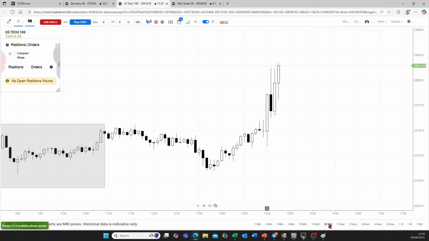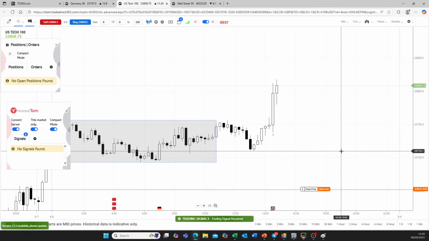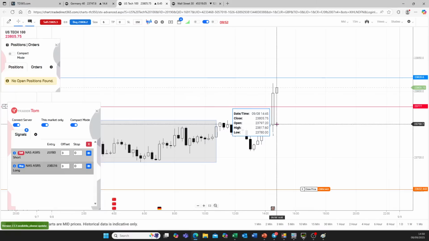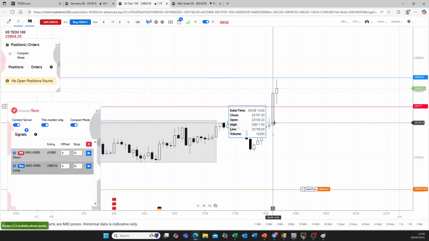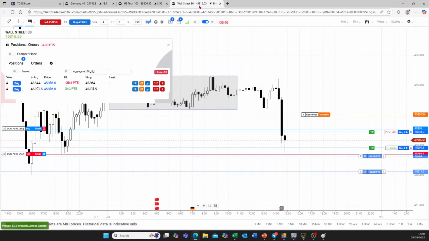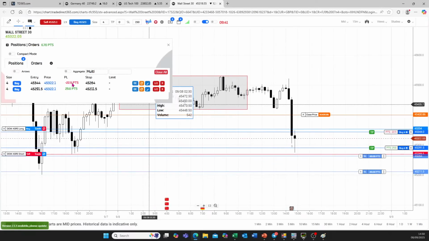NASDAQ is pushing above. I was curious to see if there was any sellers above 800 in the NASDAQ. There was. And my Dow position is going against me. And on the average, I'm just about break even.